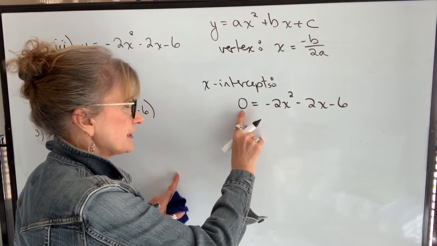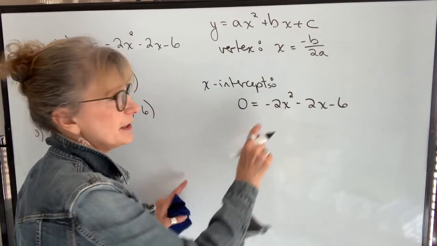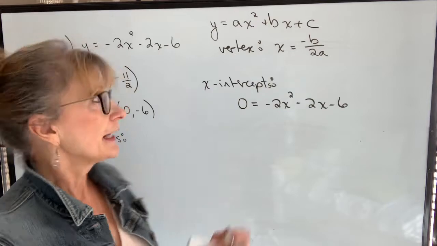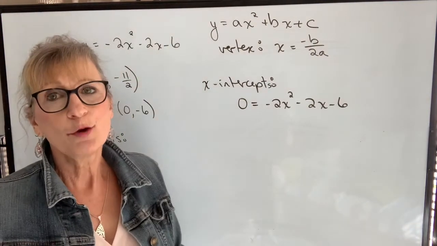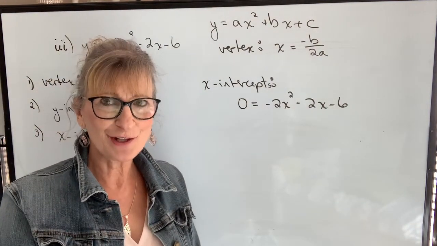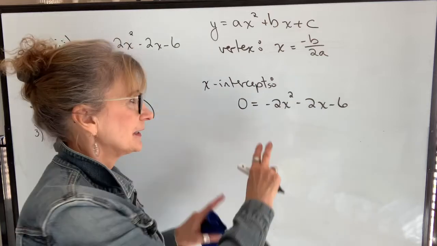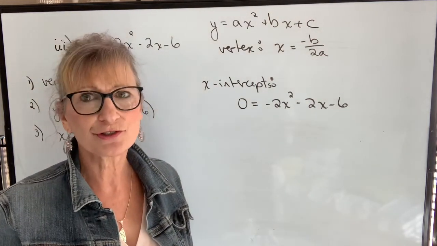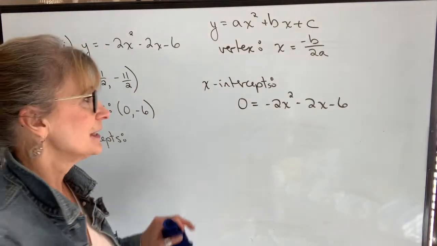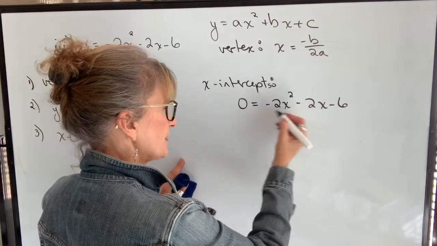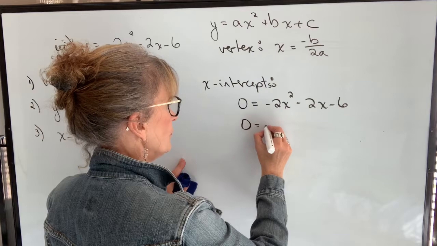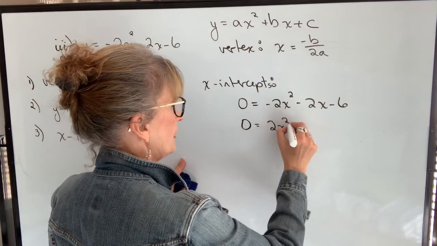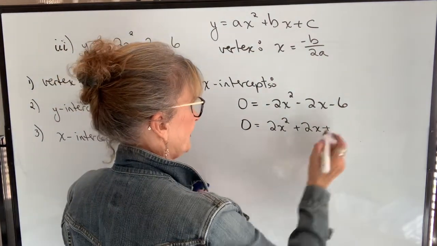Now that it's equal to 0, I don't have to keep that negative coefficient. I can't change it when it's a function, but when I make it equal to a specific value and I'm trying to solve that equation, I can do it to an equation. I just can't do it to the function. So I'm going to multiply everything, both sides, by negative 1. So I'll get 0 equals 2x squared plus 2x plus 6.